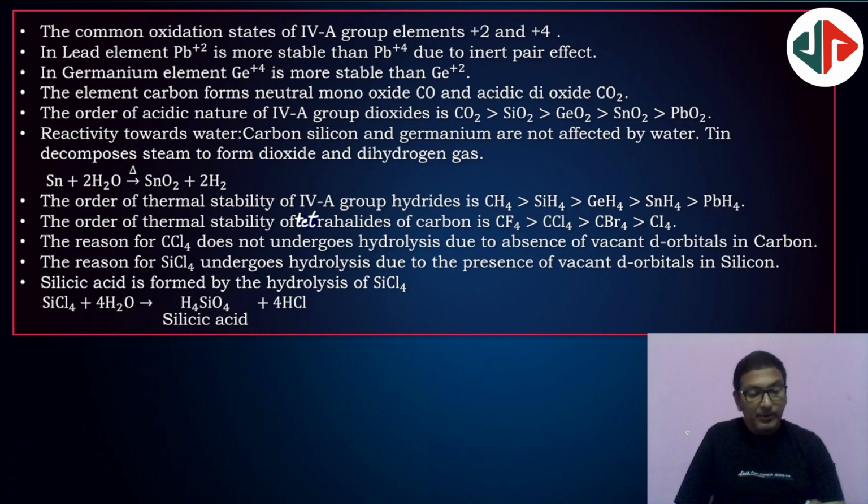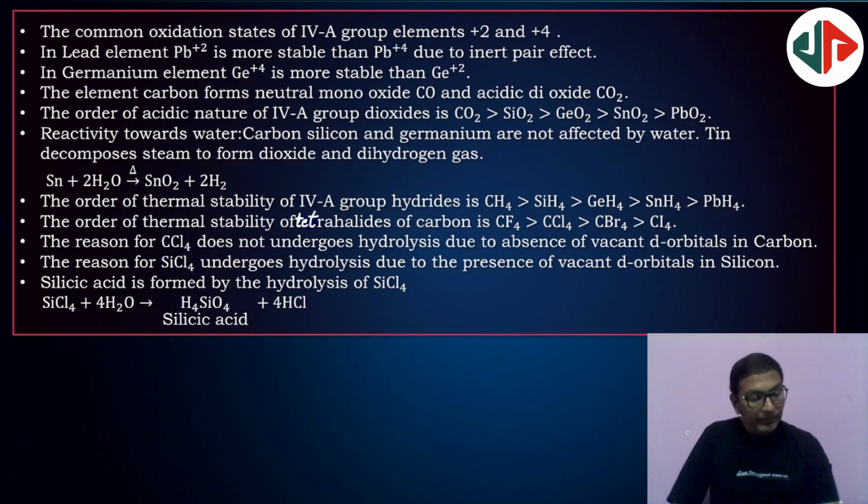Tetrahalides: CF4, CCl4, CBr4, CI4. Due to its small size, carbon can accommodate 4 fluorines but not 4 iodines. Iodine is very large in size. Therefore, carbon cannot accommodate 4 iodine atoms around it, and so it is highly unstable.